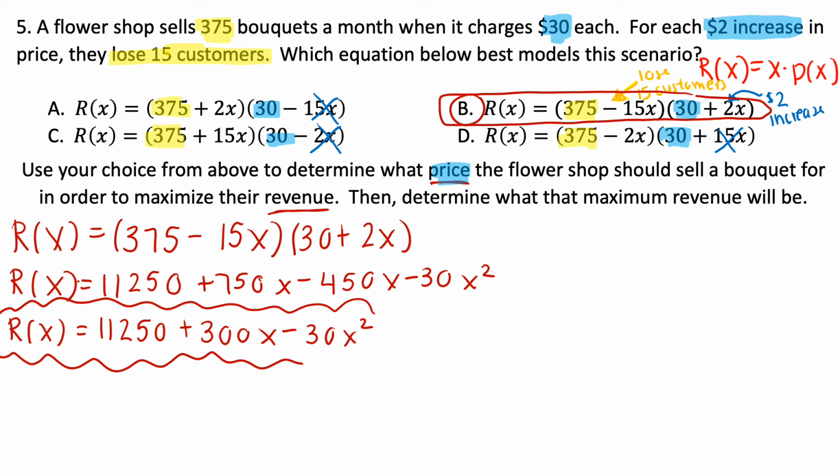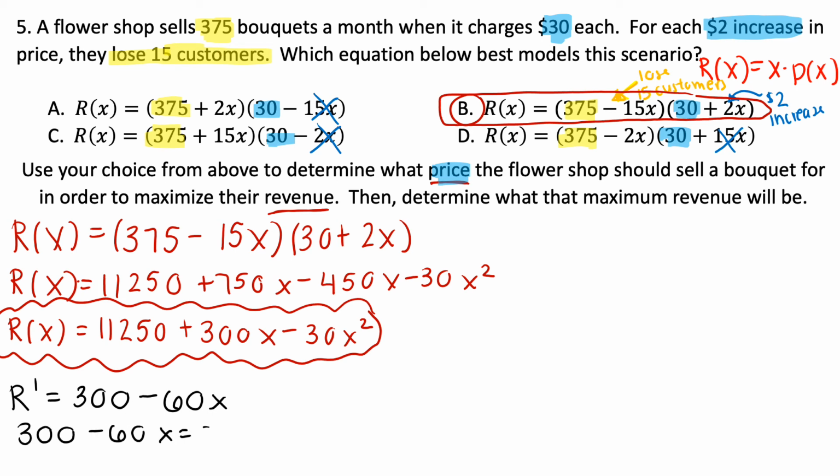Now that we finally have our revenue equation, we can take our derivative to find our extrema. So let's find R prime. The derivative of a constant goes away. The derivative of 300x is just 300, and then the power rule gives us negative 60x. Setting that equal to 0, 300 minus 60x equals 0. We're left with 300 equals 60x.